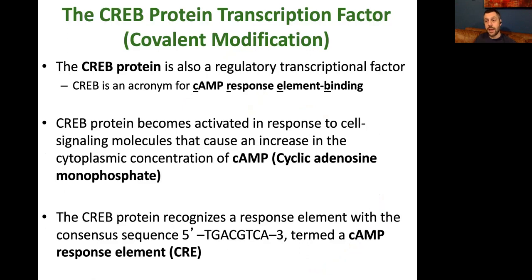Here's another example of that. This is from the CREB protein transcription factor. This is an example of covalent modification now, and how that can affect a transcription factor. The CREB protein is a kind of famous regulatory transcription factor. It's an acronym for cAMP response element binding protein.